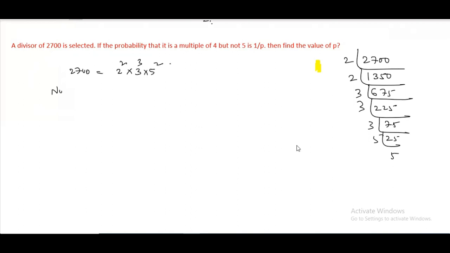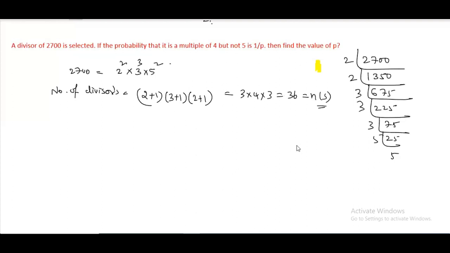If you calculate the number of divisors for this, the number of divisors will be (2 plus 1) into (3 plus 1) into (2 plus 1). That means 3 into 4 into 3, total 36. This is your sample space, the total number of possible outcomes.